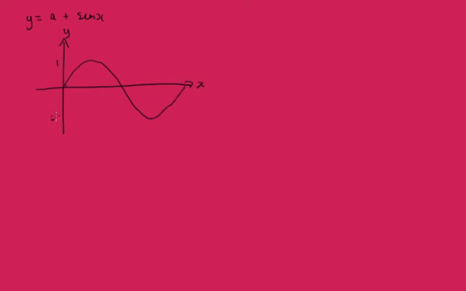So 1 and minus 1. Now this is y equals sine x. I'll put some numbers in just to help us. This is 270 and that's obviously 180 and that's 360. So now we want to draw y equals 1 plus sine x. So unsurprisingly, this is 0, so this is now going to go up to 1. And so we just have a mirror of what we had before.